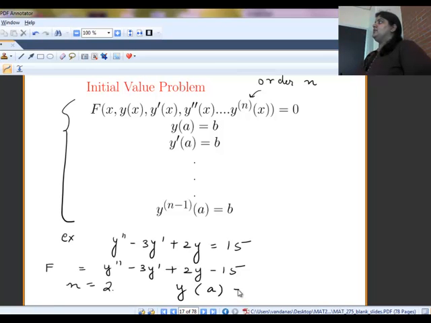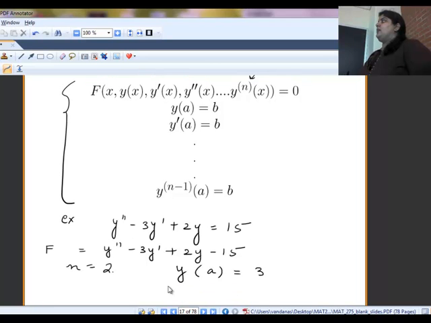So y at a is equal to, and a can be any real number, say 3, and y prime at a is equal to, say, 4, and this a we can think of as 0 or any real number. You can see this a is the same in both, so x is the same. Now you might say, well, y has to be the same also. No, it can be different.